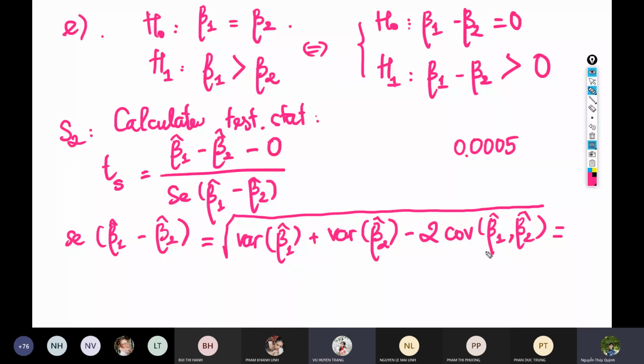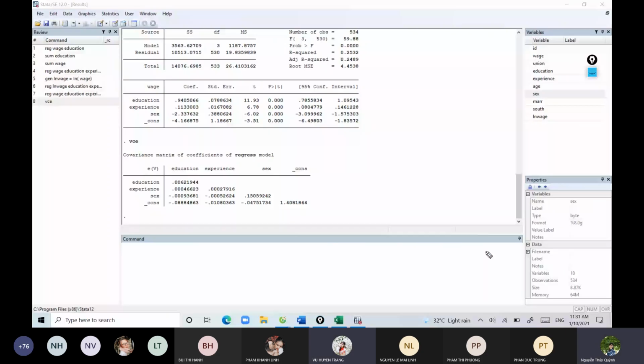Can you open Stata? You can do it on your computer to get the result. It will be easier to look at the result because when I share the screen, the number is very small. 0.074.